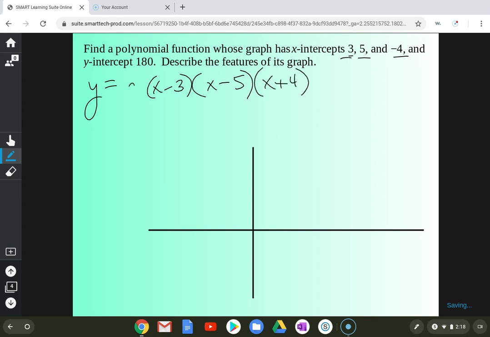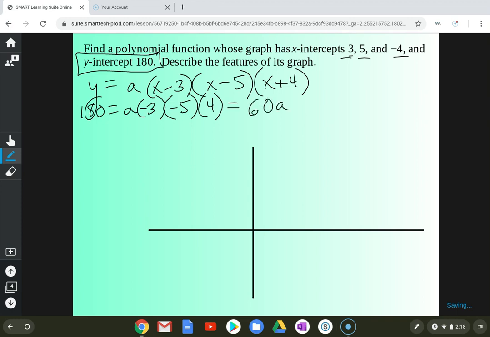But we also need to remember that there's going to be a dilation factor. So I'm going to put an A for our dilation factor. Then we're going to use our y-intercept to find A. So we replace the y with 180, and we replace all our x's with zeros. When we multiply -3 times -5 times 4 together, we get 60.